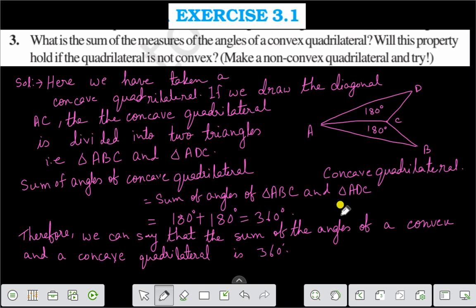The question is, will this property hold if the quadrilateral is not convex? The answer is yes.